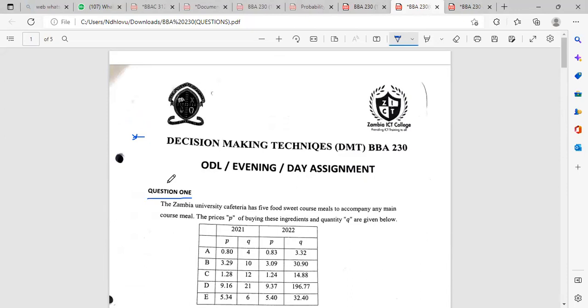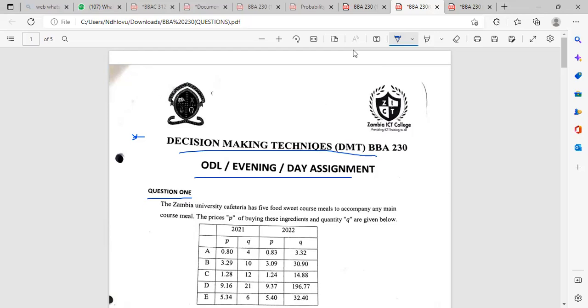Looking at index numbers, this is what question number 1 for DMT BBA 230 was all about. On the first one, there are considerations that we look at as we are looking at index numbers. The first consideration is the purpose of an index number.